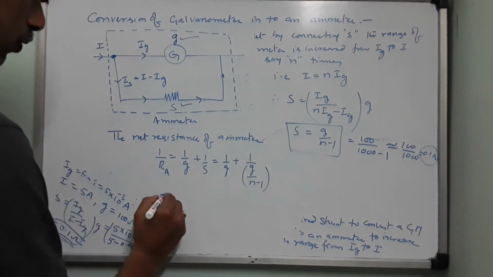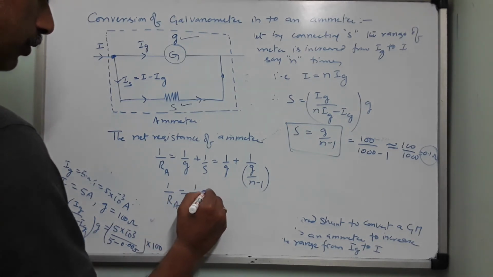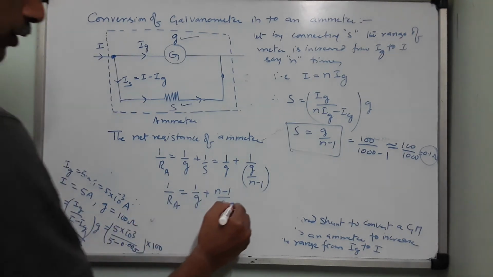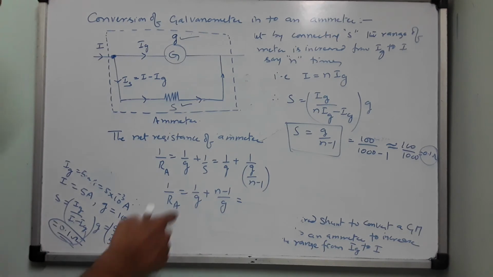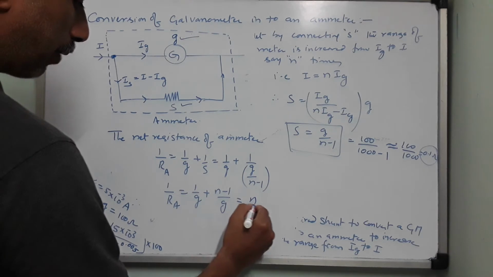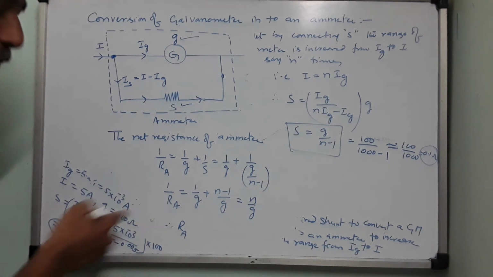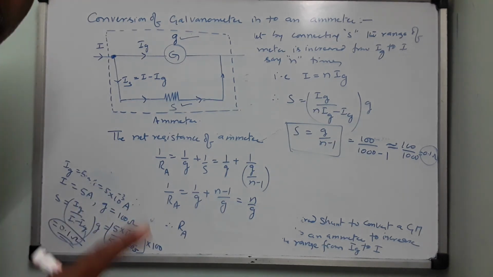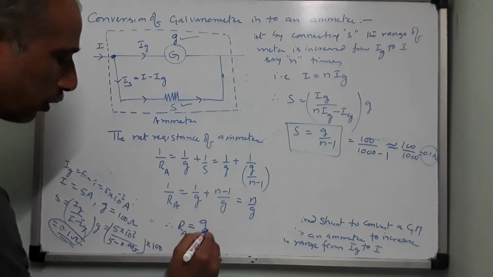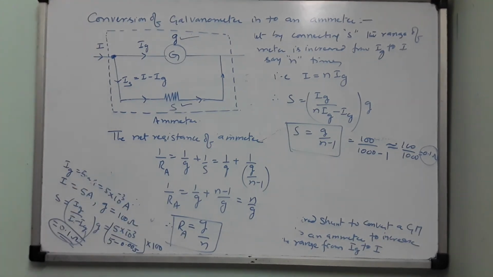So this n minus 1 will go to the numerator. 1 by RA equals 1 by G plus n minus 1 divided by G. Taking G as LCM, 1 plus n minus 1. The 1 will cancel. You will get n by G. Now you want the resistance of the ammeter, not the reciprocal, so you have to reciprocate this also. Resistance of ammeter equals G by n.